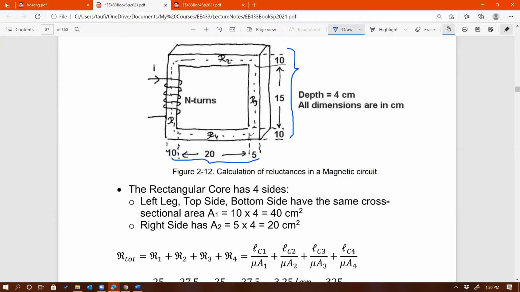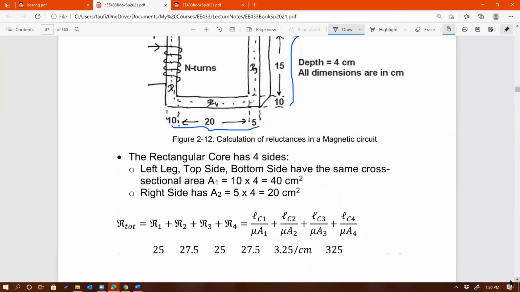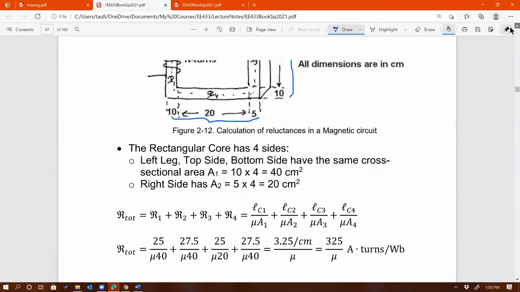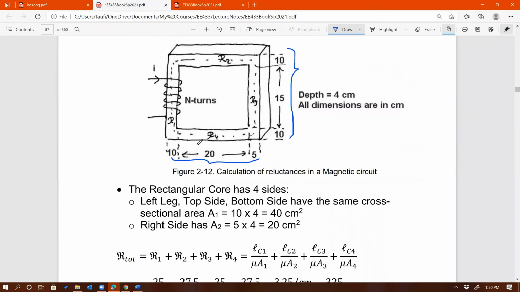So same thing, you deal with this with the same approach. You represent each of these segments as its own reluctance. So this segment right here, that's one reluctance. The segment on the right, another reluctance. Top, another reluctance, and left, another reluctance.